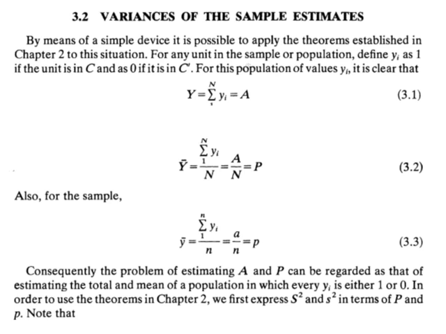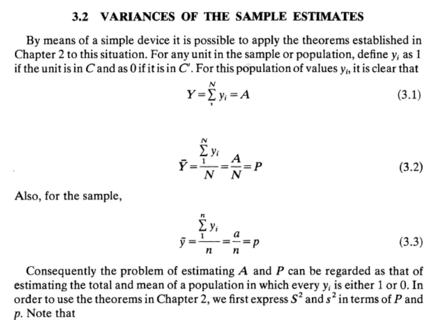By means of a simple device, it is possible to apply the theorems established in the second chapter to this situation. For any unit in the sample or population, define yi as 1 if the unit is in C and 0 otherwise.